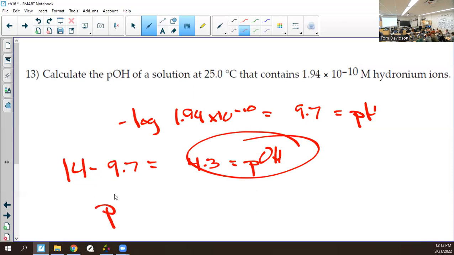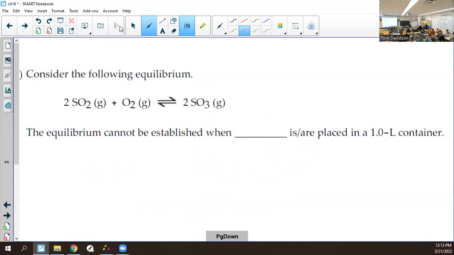Yep, pH plus pOH is equal to 14. Okay, feel all right about that?